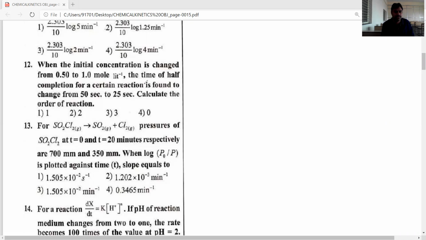Calculate the order of the reaction. It's very easy. We know the relation between half-life and initial concentration: t half is inversely proportional to 1 by a to the power of n minus 1, where a is the initial concentration.